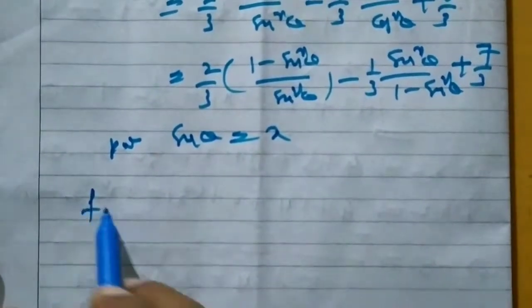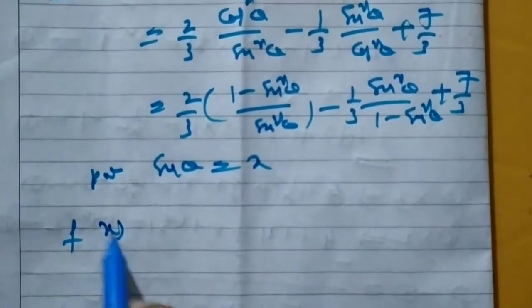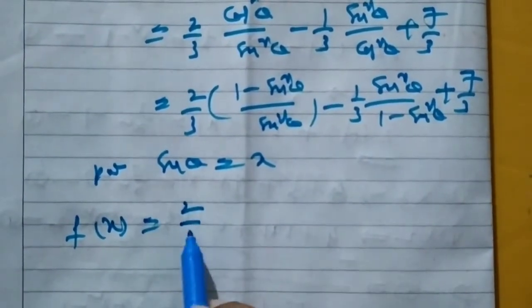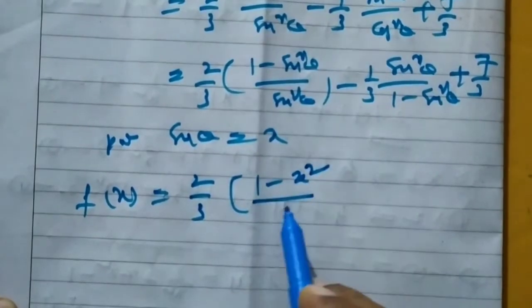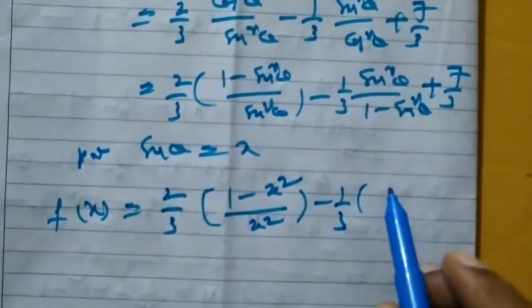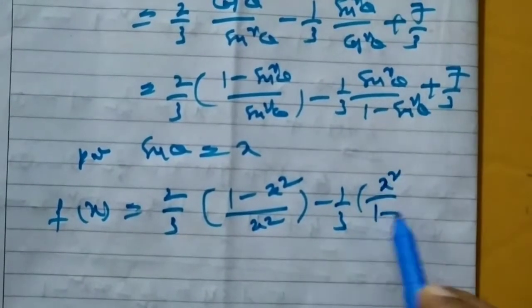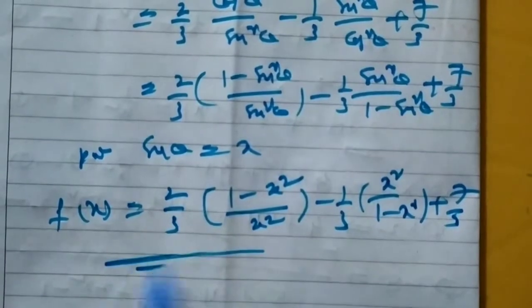Then, as the function is in terms of sin theta, f of x is equal to 2 by 3 times 1 minus x square by x square, minus 1 by 3 into x square by 1 minus x square, plus 7 by 3. This is the final result.